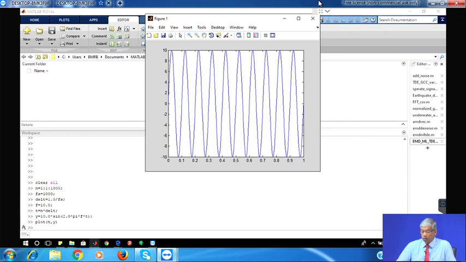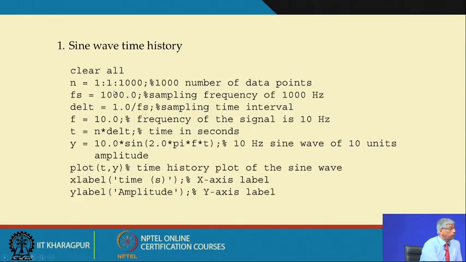Now, why is this 1? All of you, those who have done signal processing, will know that I have generated the index till 1000, with sampling frequency at 1000.